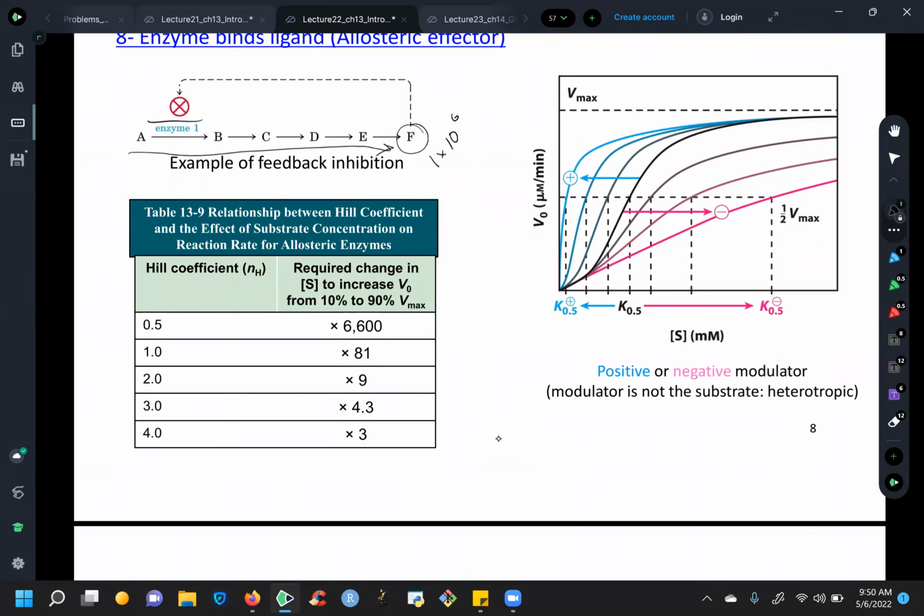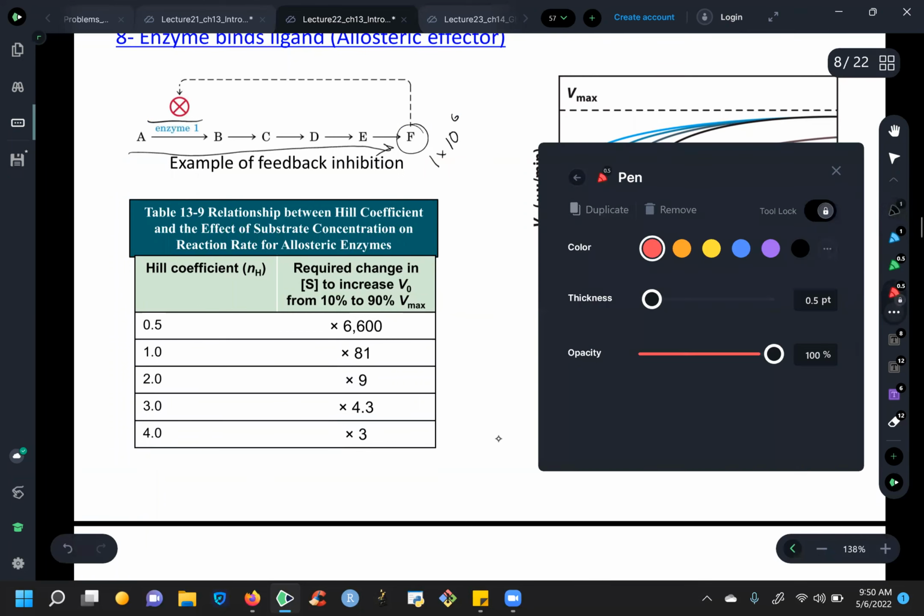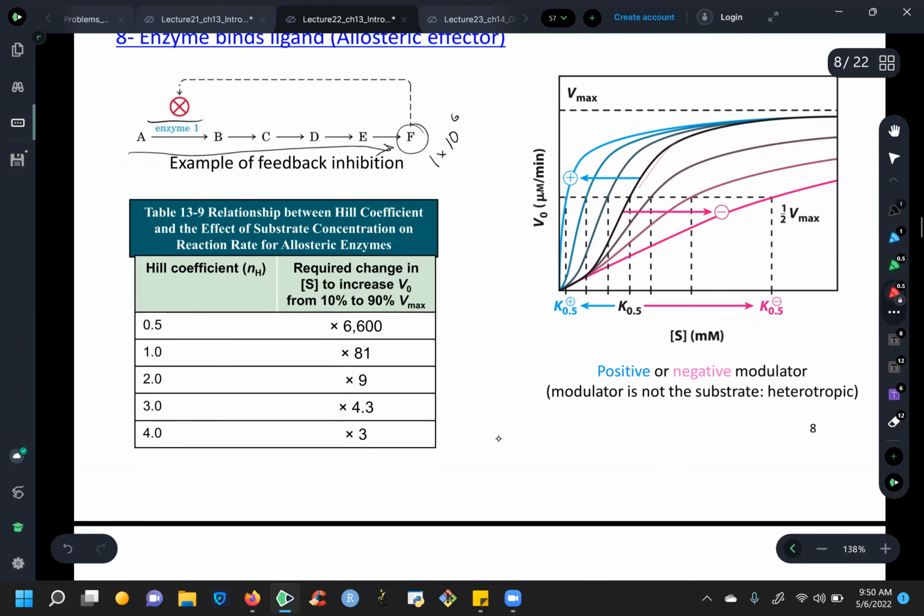Okay, so it looks like this is the middle line. What we have to take from this is the 0.5. So that's the Km.